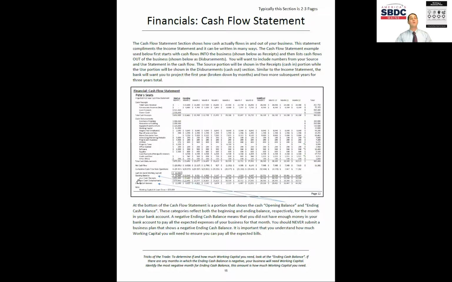Now, when we talk about cash you need, so working capital, that's where the cash flow statement comes in, right? So the previous statement, the income statement, was showing how well your business was working. So if you think about it like a car, the income statement or the profit and loss statement, they're both the same thing. That's kind of telling you this is the miles per gallon I'm getting for my car, right? So I can understand how efficient my car is at using gas.